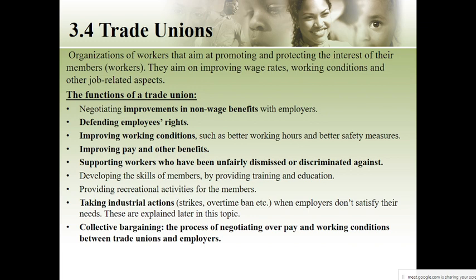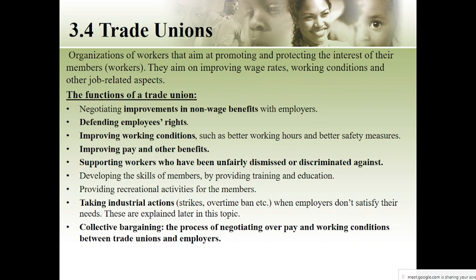Bring some kind of improvement in your non-wage factors. What are non-wage factors? Your working conditions, your brand name, some kind of facilities for the employee, the level of respect; all these factors other than salary are known as non-wage factors. And you have to improve them.